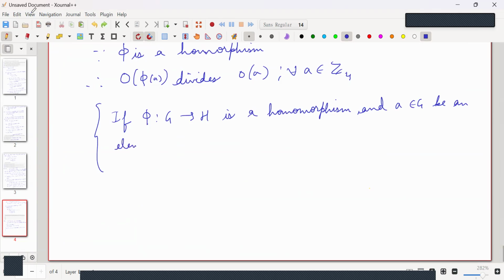Why do I need finite order? Because I want this divide part to make sense. If the order of a is infinite, then to say that the order of phi(a) divides infinite is not good, right? So that's why, to make sense, we need the order of a to be finite. That's it. a be an element of finite order.